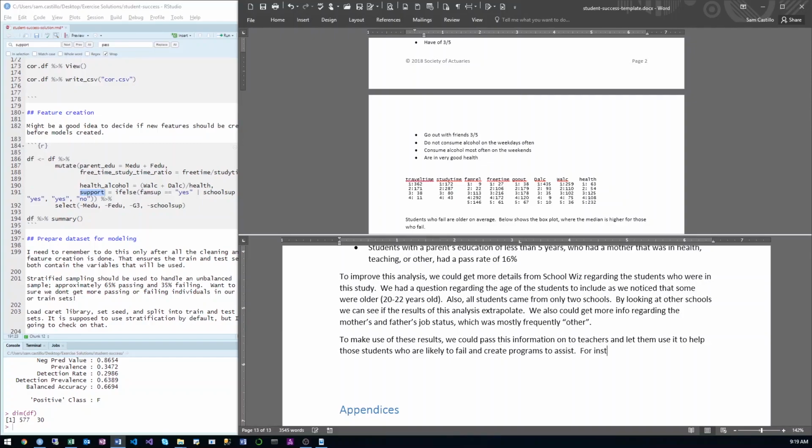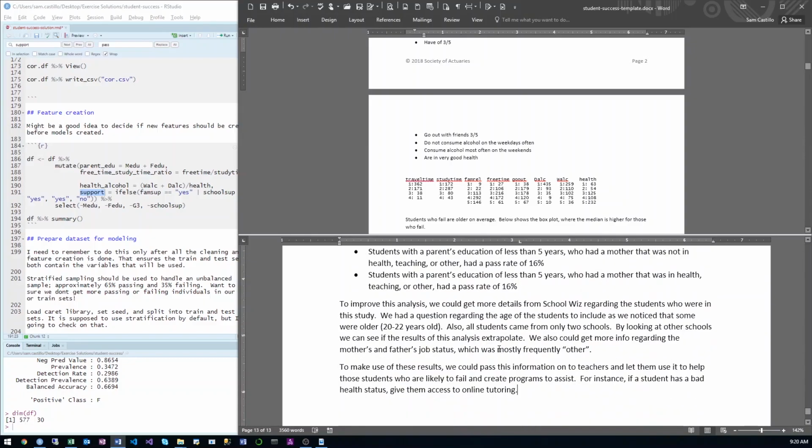For instance, if a student has a bad health status, give them access to online tutoring, or if their parents do not have college education, give them access to, I don't know, community college courses so that they can support their children with homework.